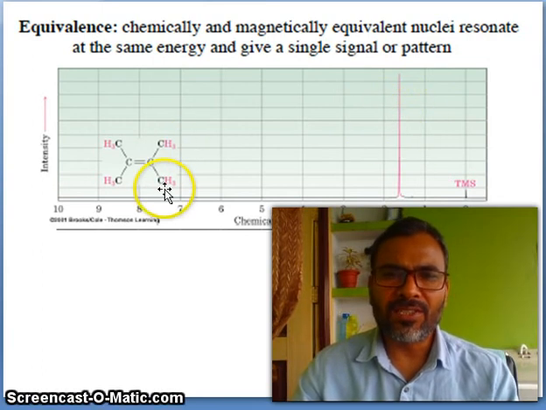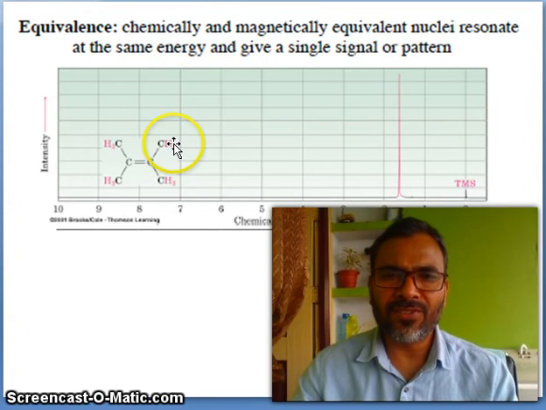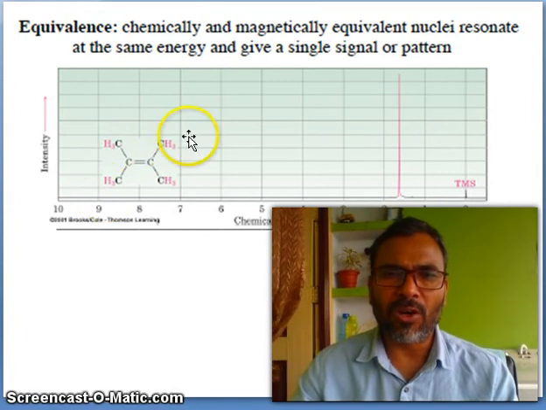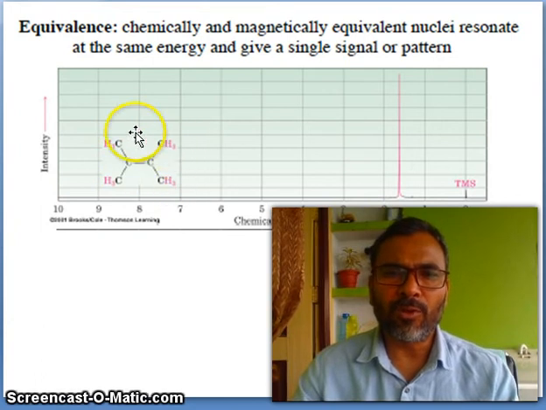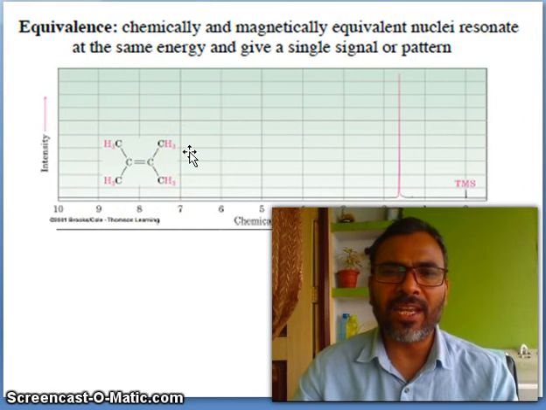So this 3, and this 3 makes 6, and this 3 makes 9, and this 3 makes 12 protons in the same environment, because this carbon and this carbon and this carbon and this carbon are in the same environment. So all 12 protons are in the same environment. That's why you get a single peak in your NMR spectra.